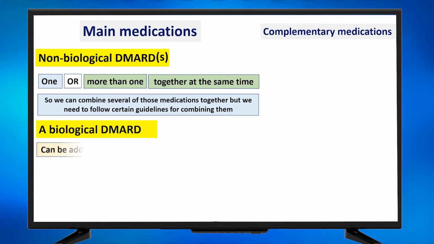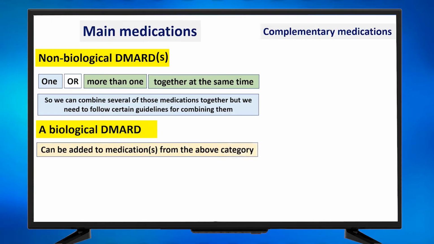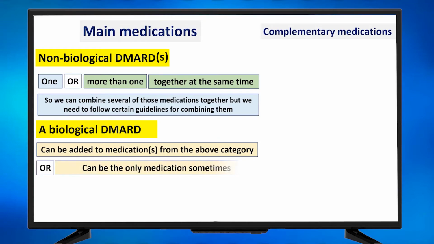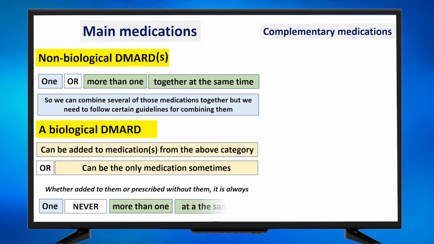A biological DMARD can be added to medications from the above category, or can be the only medication sometimes. Whether added to them or prescribed without them, it is always one, never more than one at the same time, the biological medication.